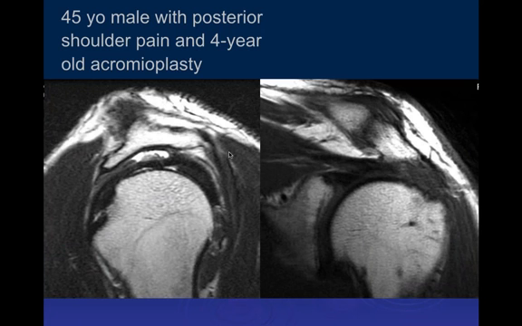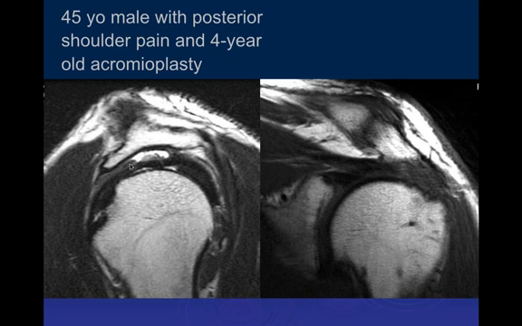45-year-old male with posterior shoulder pain and 4 years old acromioplasty. So we have what looks like a sagittal T2 and a coronal, looks like a PD, T1. On the sagittal view, it looks like the acromion has this kind of anterior hook or inferior osteophyte.